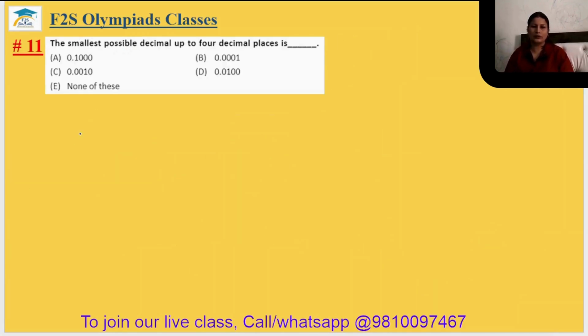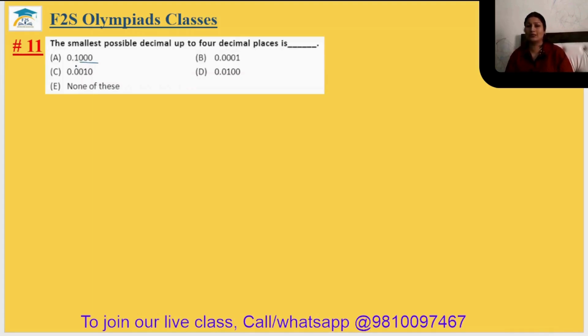Come to the 11th. The smallest possible decimal up to 4 decimal places is the smallest possible decimal. If we talk about 0.1000, then the zeros written on the right side after the decimal number do not have any value. Here it is not 4 decimal places.